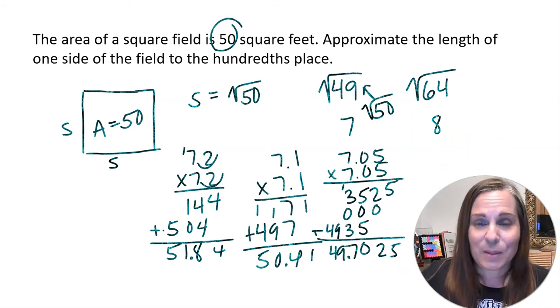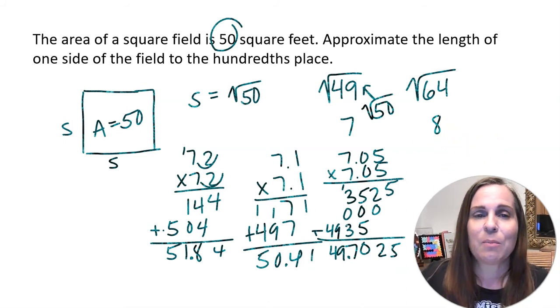Most of the time when you get a question like this, it's going to be a multiple choice question. So in this case, you know that it's less than 7.1, and you know that it's more than 7.05.